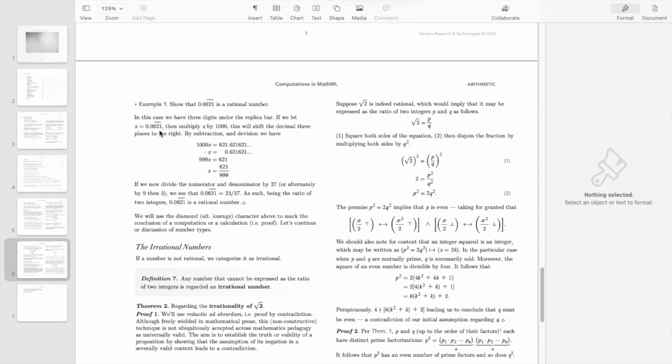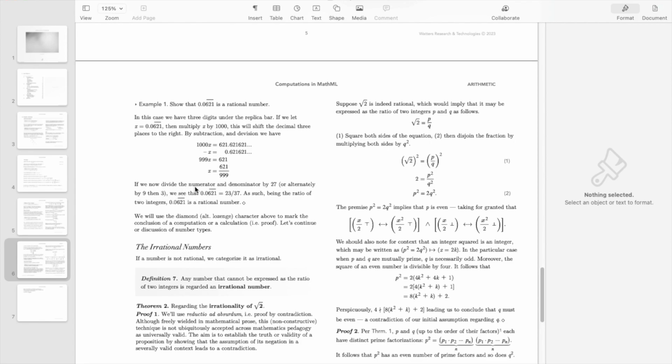So we're just going to subtract this guy from this guy. Okay. So we get 999x on the left-hand side, and we get 621 on the right-hand side. Very good. And we can right away reduce this ratio of 2 integers to its simplest form.